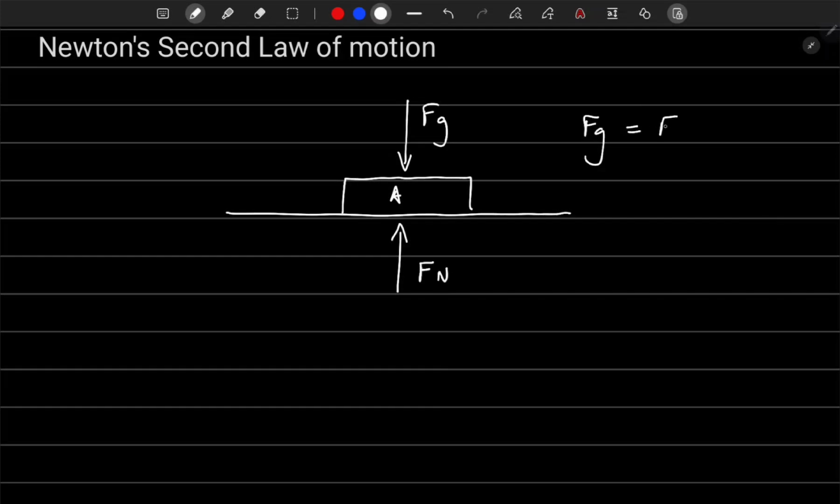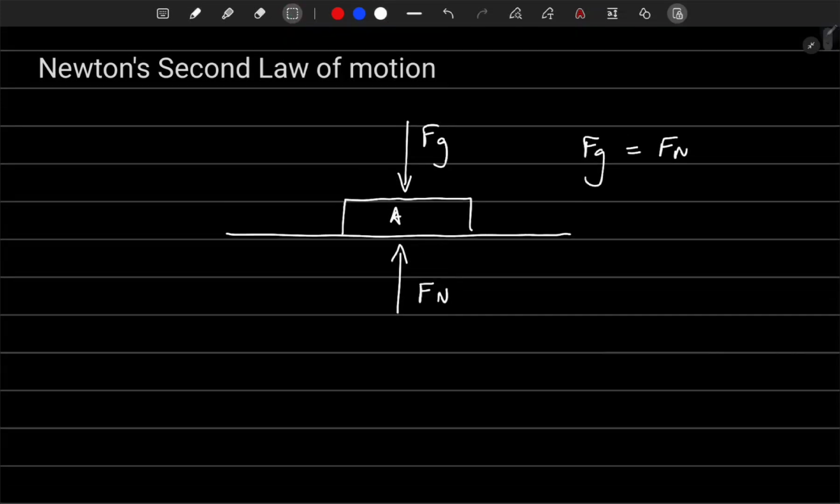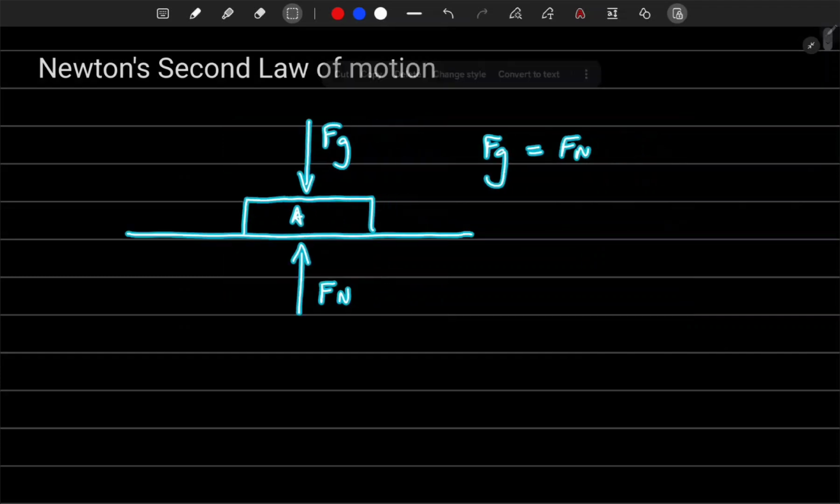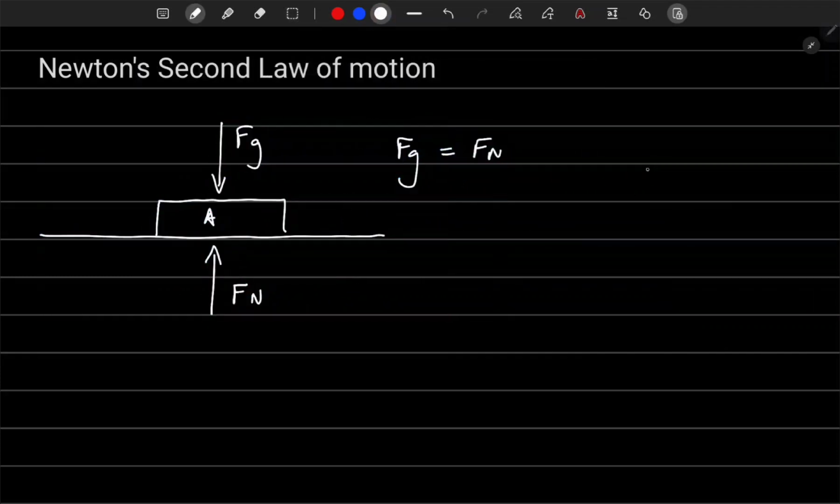We can say that this normal force is equal to the gravitational force, with the normal force facing upwards while the gravitational force faces downwards. We can put this on a number line on a Cartesian plane: all forces that are facing downwards happen to be negative, while all forces that are facing upwards happen to be positive.